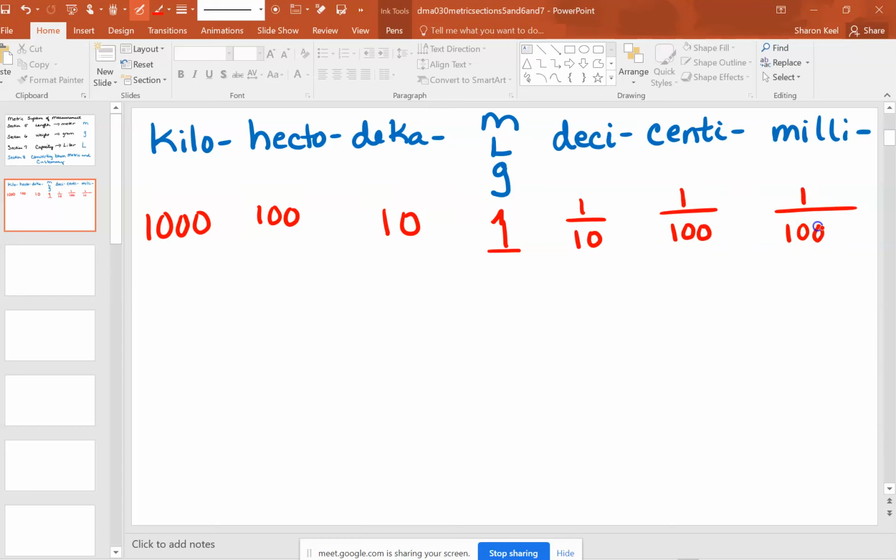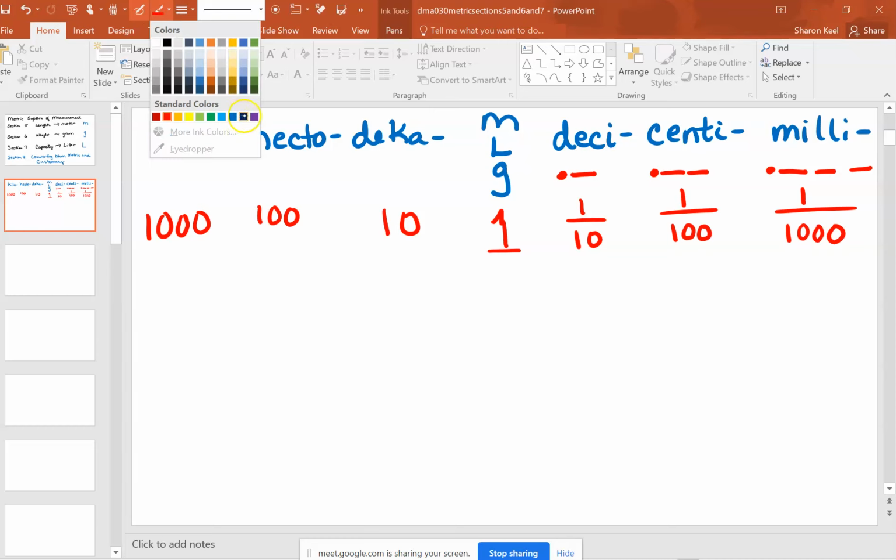Milli is 1/1000th. So deci, in other words, is 1 decimal place. Centi is 2 decimal places. Milli, tenths, hundredths, thousandths is 3 decimal places. Okay? When you look at this, this is actually like our number system. The metric system is based on the base 10 number system.